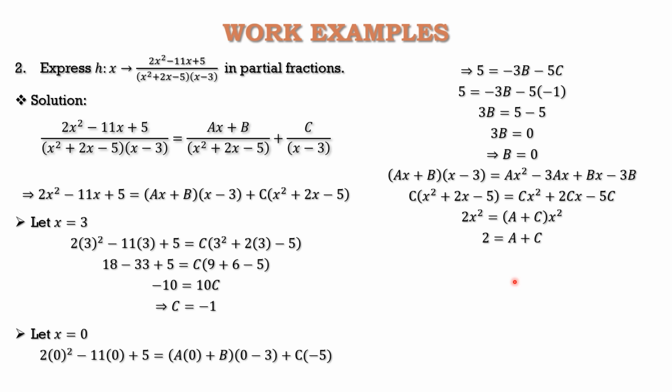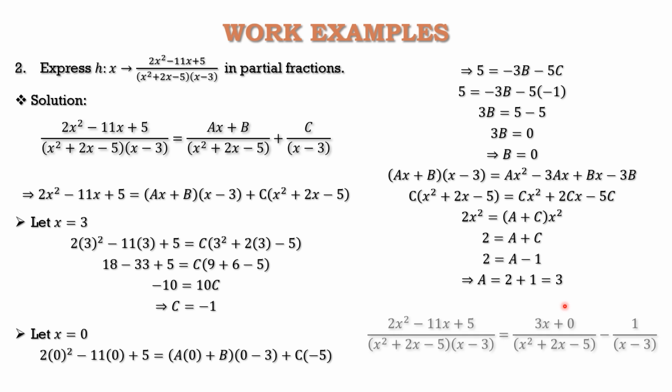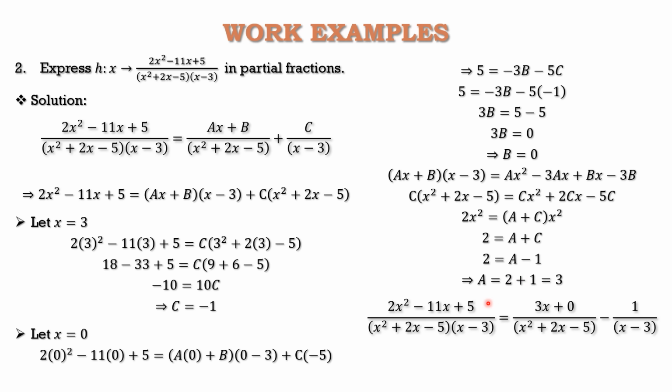So we can equate them as 2 equal to a plus c. Then 2 will be equal to a minus 1, because c is -1. Then our a will give us what? 3.